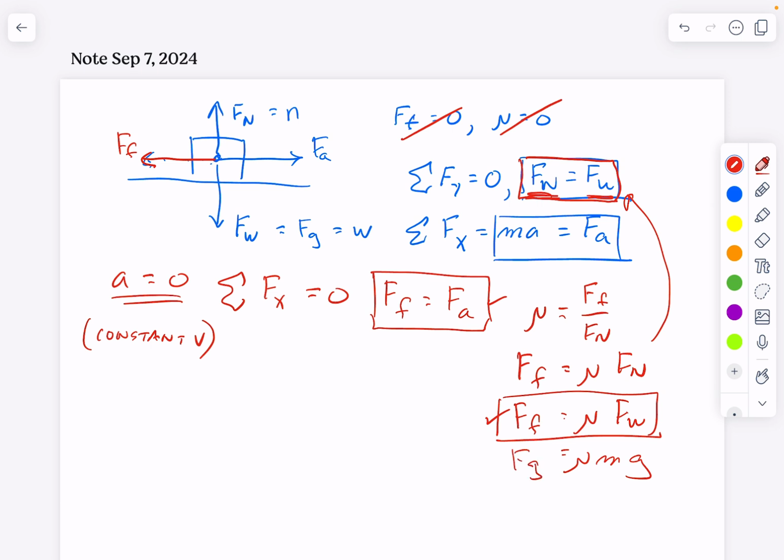The force of friction in this case is going to equal mu times m, the mass, times g, the acceleration due to gravity. And of course, if the force of friction equals this, and the force of friction equals this, then we can say that F sub A, the applied force, equals mu m g.